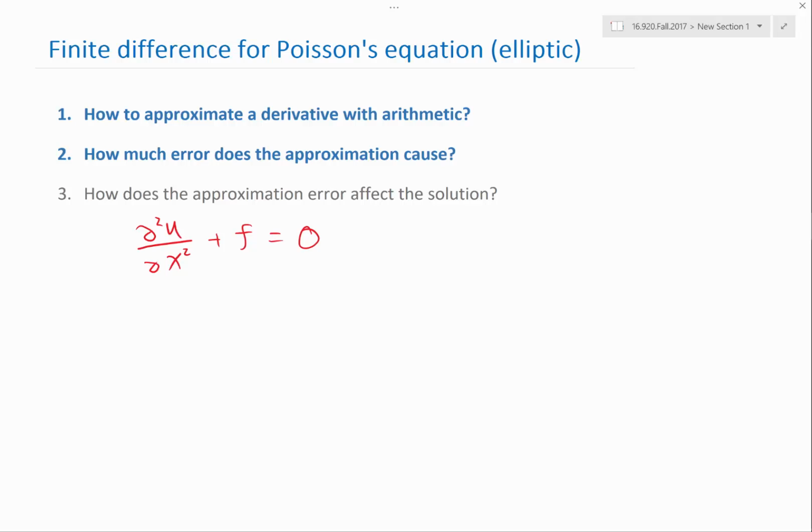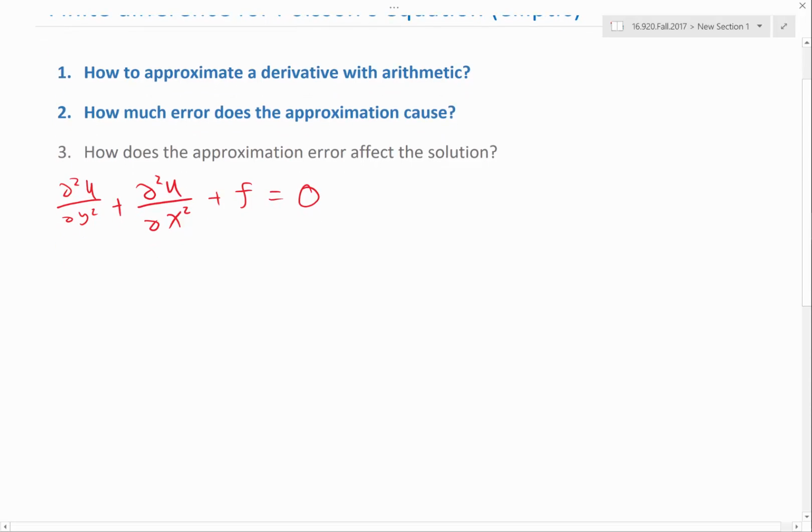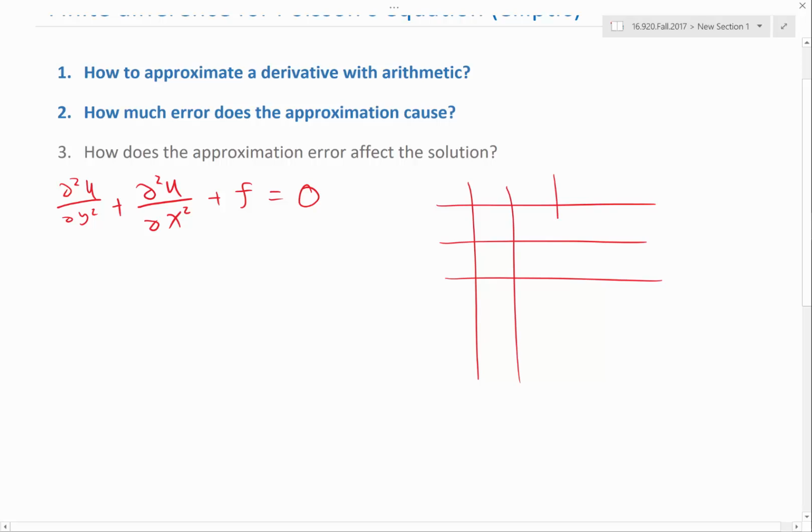So let's add a second spatial dimension on top of this, which doesn't really change any of the characteristics of this equation. Now we already know everything about how to discretize this equation, right? So we have a two-dimensional grid. Let's stick to an orthogonal grid for now, and our solution is going to be stored again on the grid points.